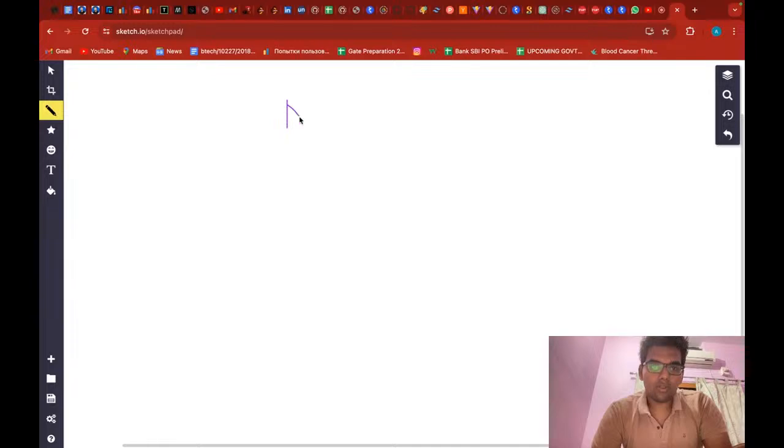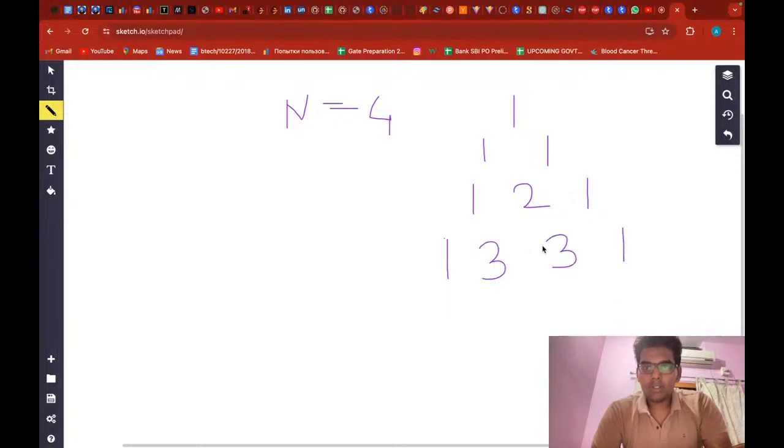let's say if n is given 4, then you need to print 4 rows, right? So basically 1, then 1 1, then 1 2 1, and 1 3 3 1. So this is the Pascal triangle which we need to print if n is equal to 4, right?